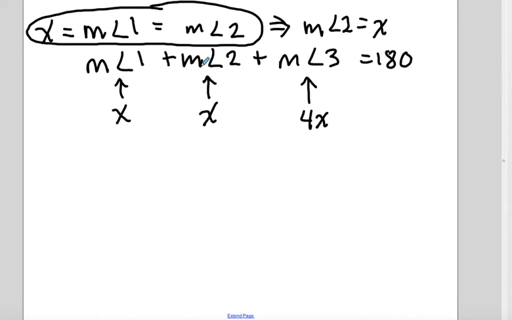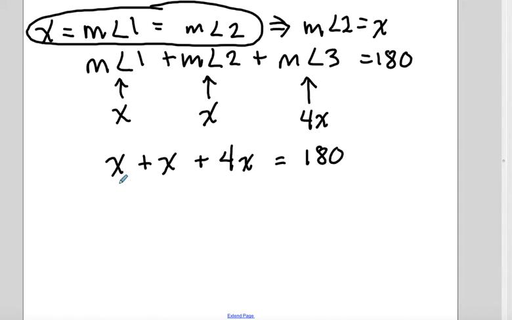Now I have something that looks more friendly, because I have one variable and a number on the other side of the equal sign. So I can rewrite this as an algebraic equation. I know that x plus x plus 4x equals 180 degrees.